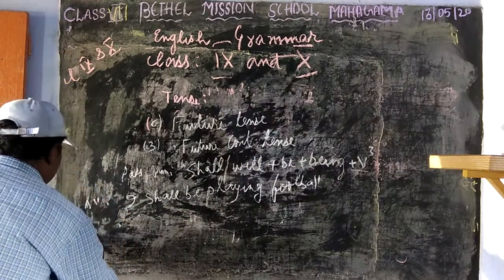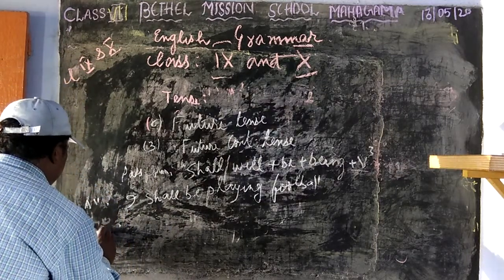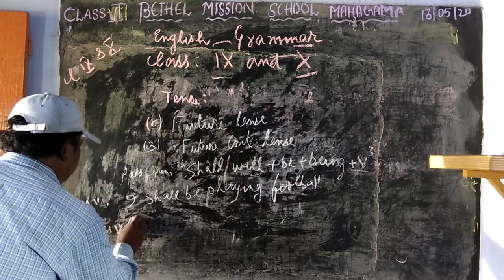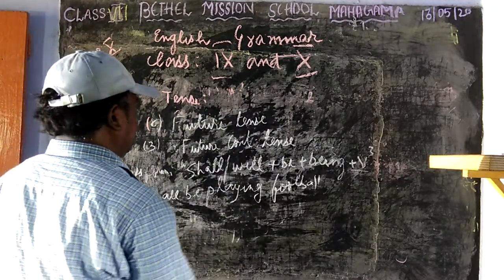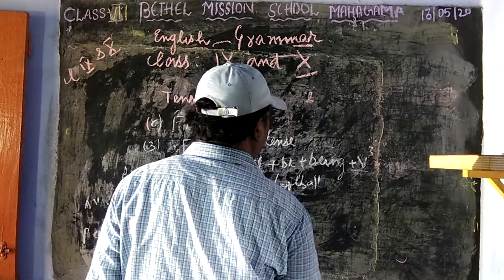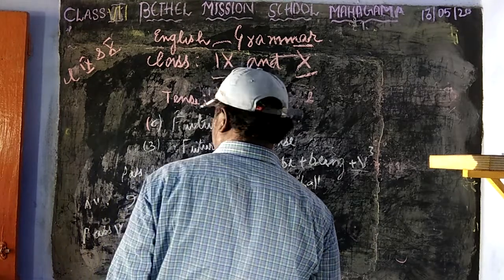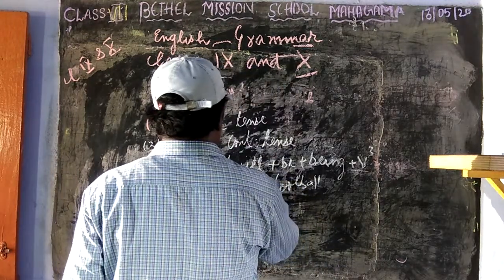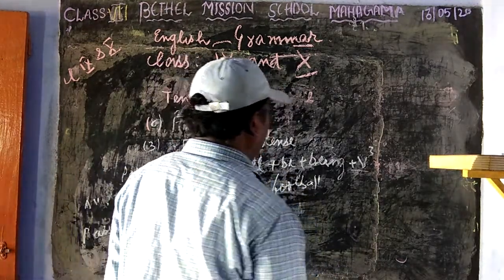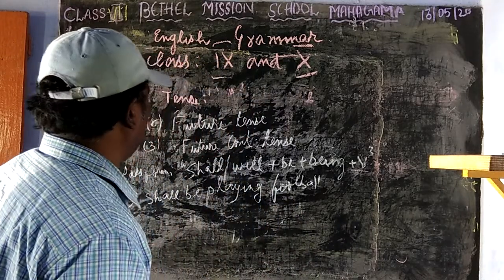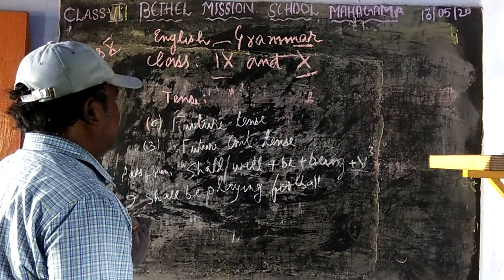Now same thing in passive voice, we can write it: football shall be being played by me. So that is the example of future continuous tense.